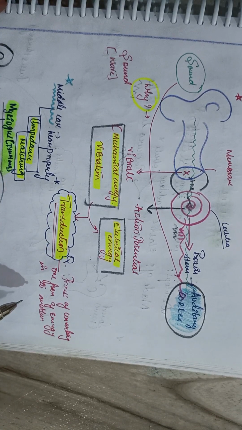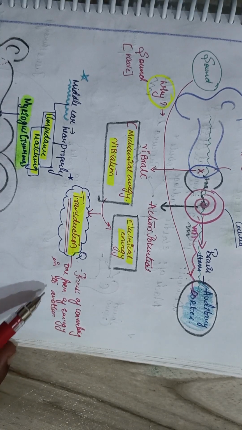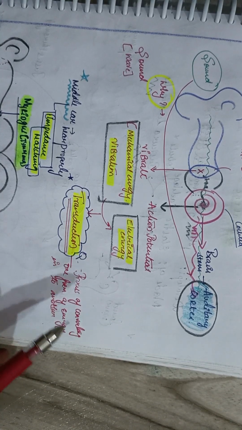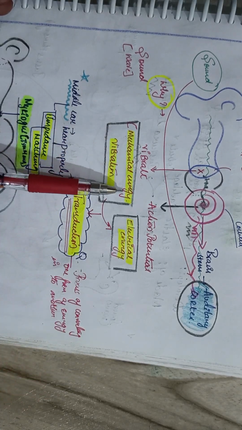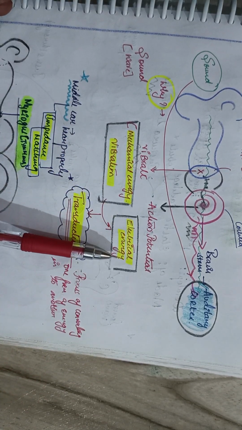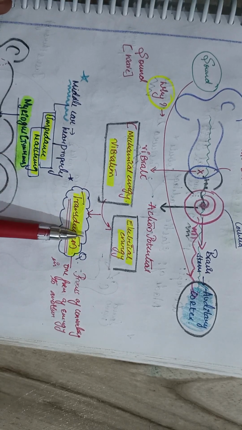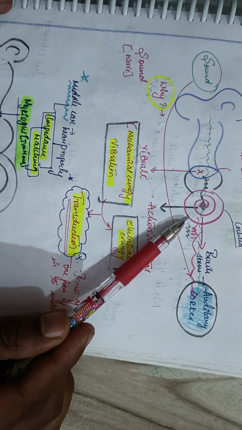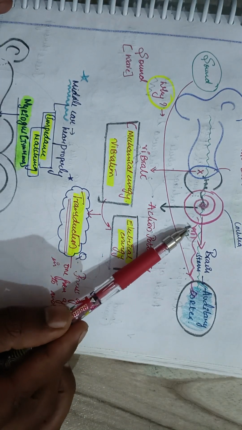What is transduction? Transduction is a process of converting one form of energy into another form. In this scenario, it is converting mechanical energy into electrical energy. From the cochlea, it stimulates the eighth nerve.